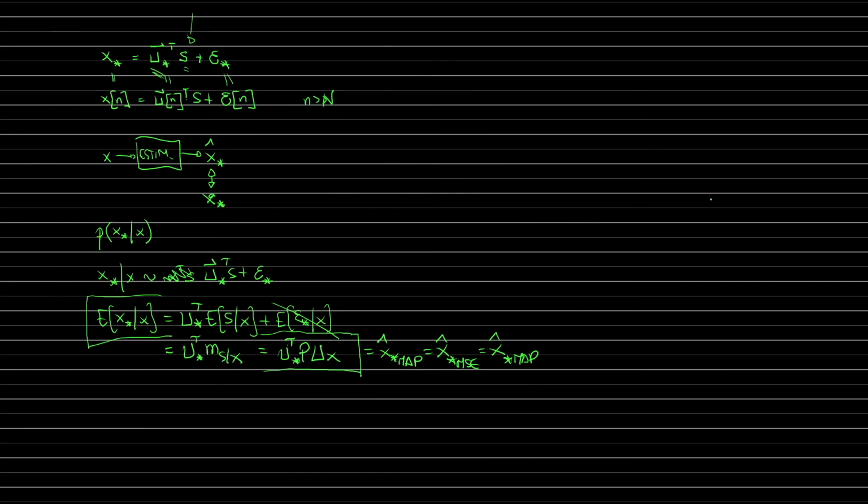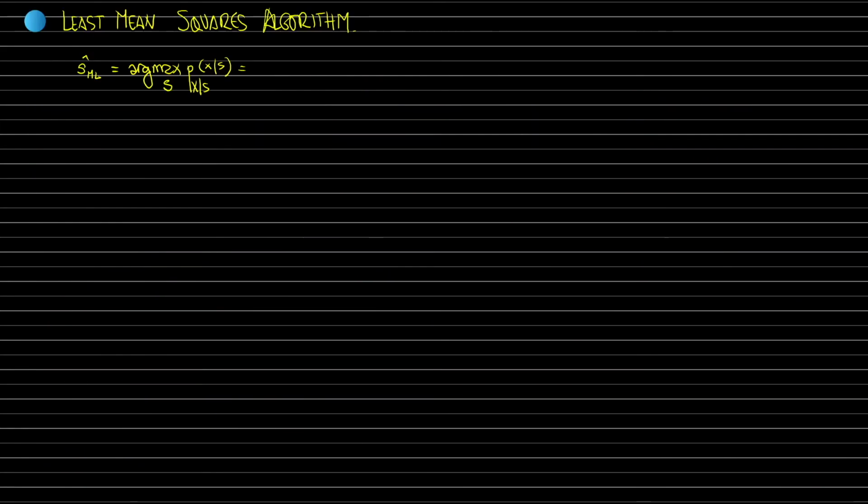So we know that the maximum likelihood estimate is given by the value of S minimizing the norm of X minus U transpose S squared. Okay.